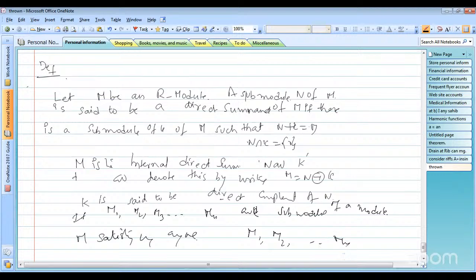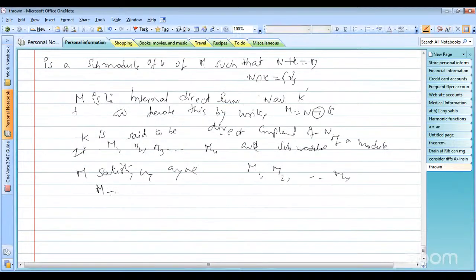We denote this by writing M is equal to M1 plus M2 plus and so on plus Mn, or M is equal to the summation of i is equal to 1 to n of Mi. These are called summands, and note these summands are not unique.